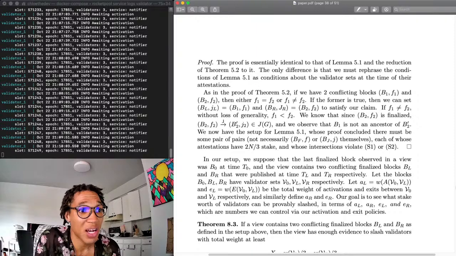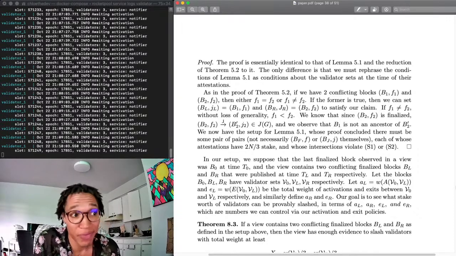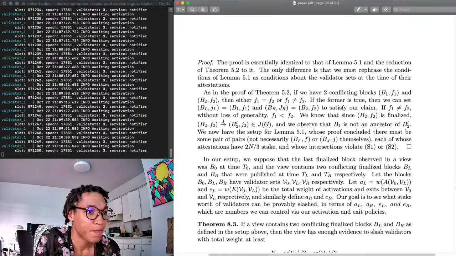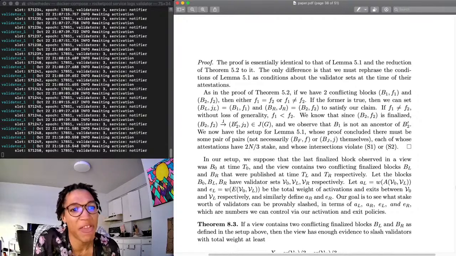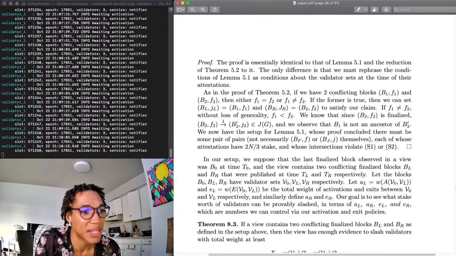If the epochs are not the same, without loss of generality, F1 came before F2. They're saying if they're not equal, then F1 has to be less than F2.